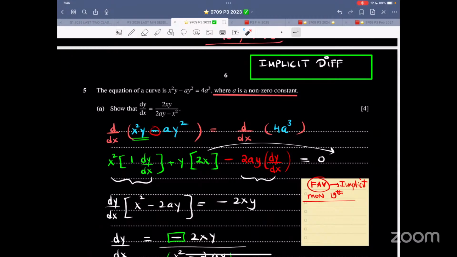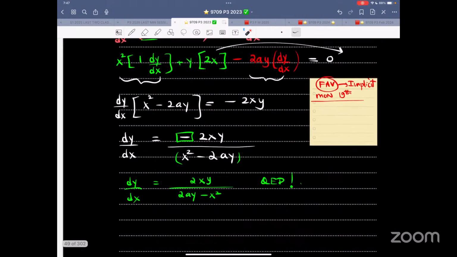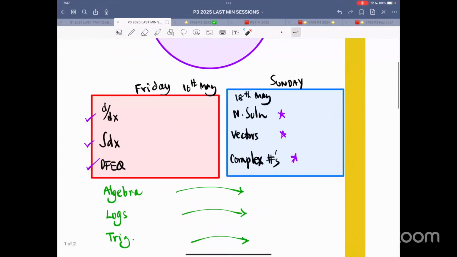Someone asked this question, sir, will you cover the entire syllabus? I'm doing past papers as much as possible, what you can learn from it. I'm trying my level best. And technically, if you're asking whether I will go over every topic, the answer is yes. That is why I have kept 2 sessions. So again, for some people who joined right now, this is what I'm focusing on. On Friday, I want to focus on these things.